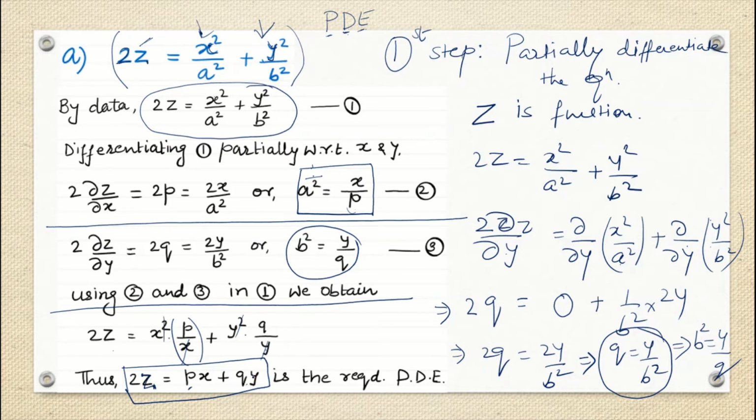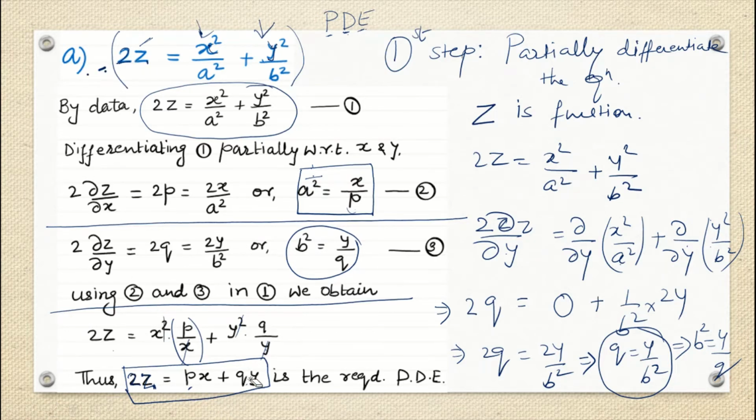So x, y, p, q, z all are allowed. Not necessarily they all will be present in all your partial differential equations, but they are allowed. And even an independent constant is also allowed, but arbitrary constant is not allowed. So this equation we have formed into this final equation.